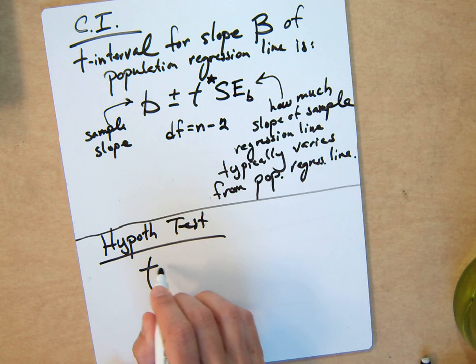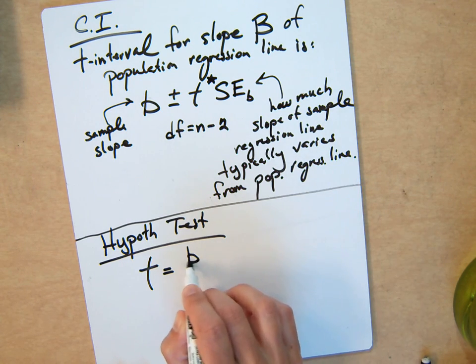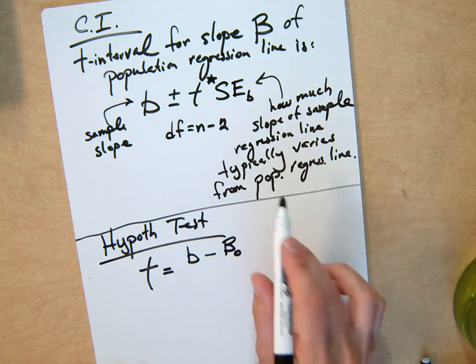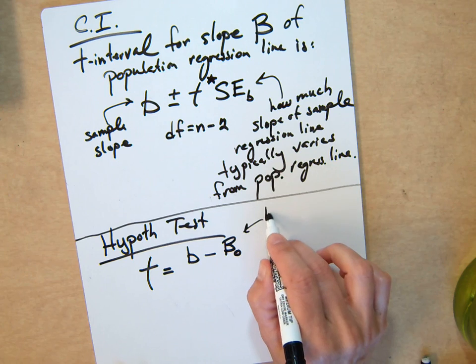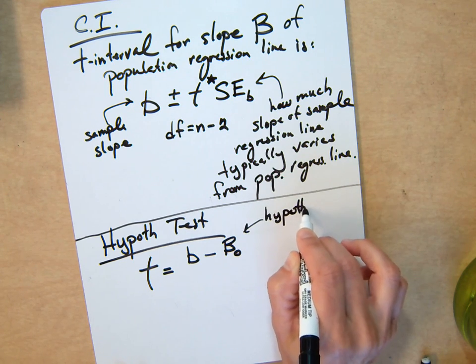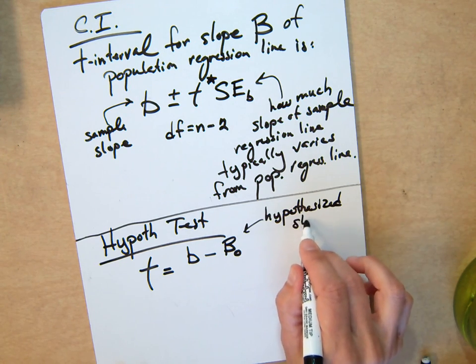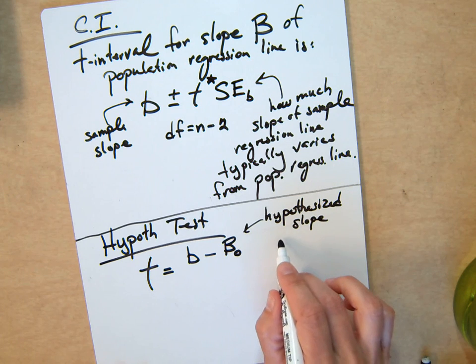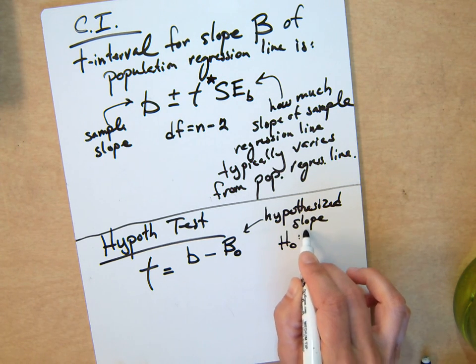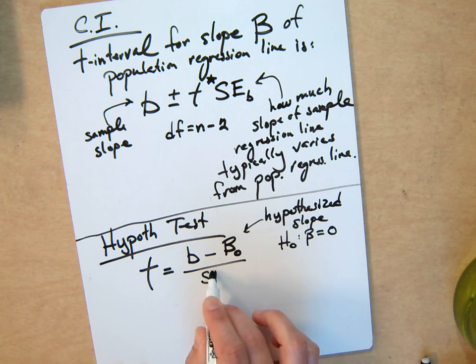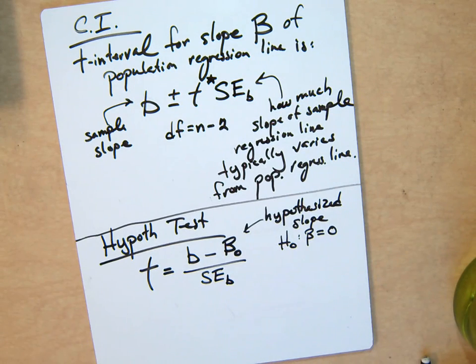The test statistic t is equal to the sample slope minus the hypothesized slope for the population, the one that you state in H0, like it's going to be 0, over the standard error of the slope, which is the same as it was before. So that's everything for 12.1.